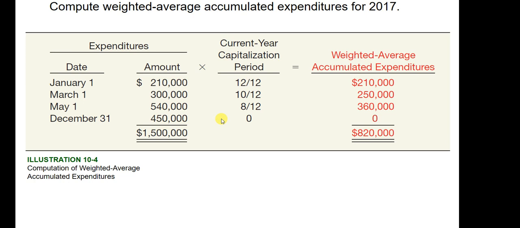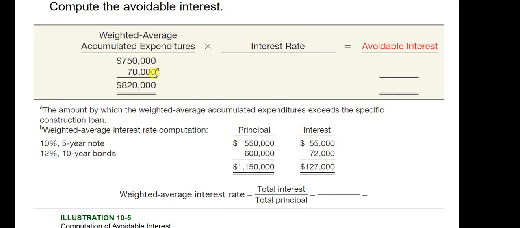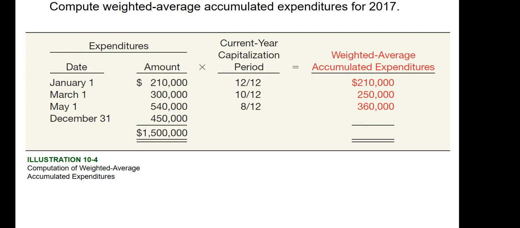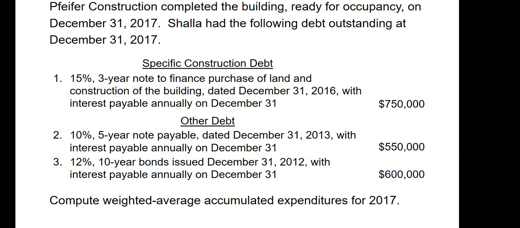Okay, so our weighted average expenditures is $820,000. So now I need to figure out the interest on that $820,000. Notice that adds up to $820,000. That's pretty important. And also notice that if I go back on my slides, I borrowed $750,000 specifically for this project.